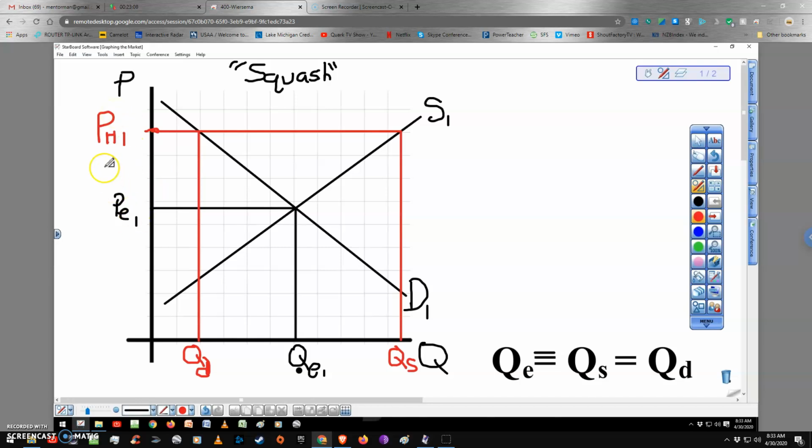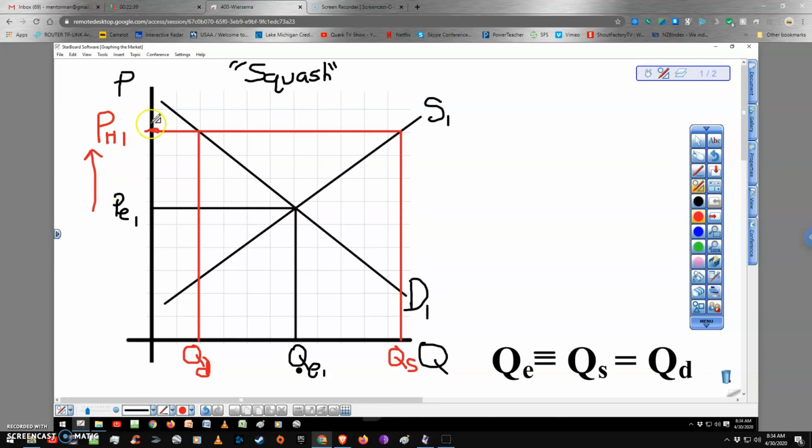For some reason the price is up here, and we end up with a shortage or surplus. I hope you have an answer in your head. The answer is QS is much greater than QD at this price. So we have ourselves a surplus.